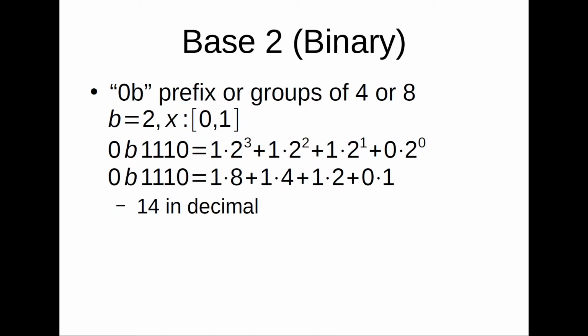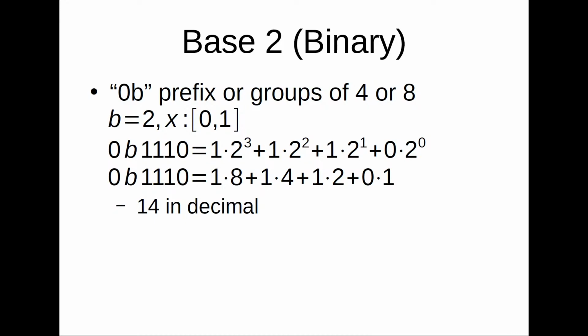Binary is often denoted in groups of 4 or 8 bits, but sometimes in these slides I'll use a 0b prefix just for clarity. And obviously it's base 2, and that means the digits can be 0 or 1.